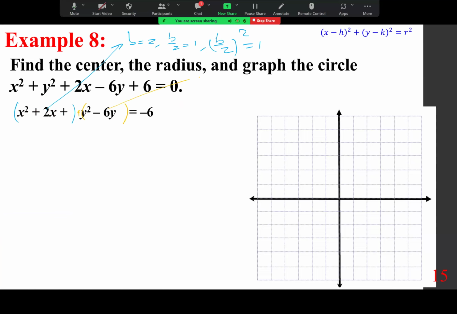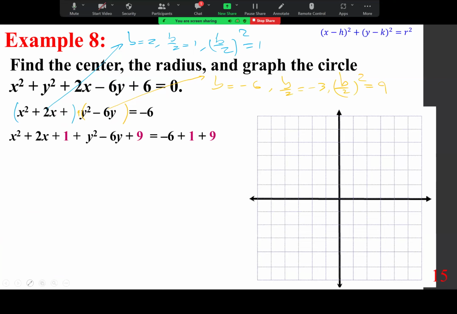For this 2, b is negative 6. Divided by 2, you get negative 3. Square it, you get 9. Which means we are going to add 1 and 9, 1 to this one, 9 to this one, 1 and 9 to the right side as well.